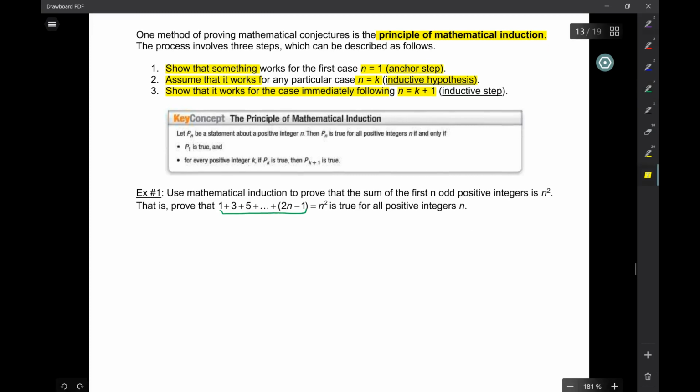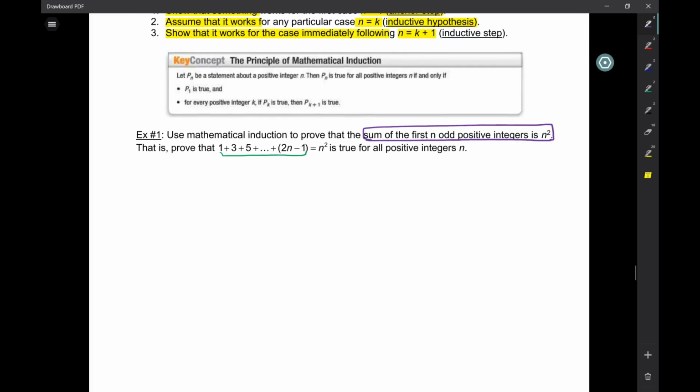Okay, so here it says use mathematical induction to prove that the sum of the first n odd positive integers is n squared. That is the statement. In order to make that into a mathematical statement, we have to write it as a mathematical expression.